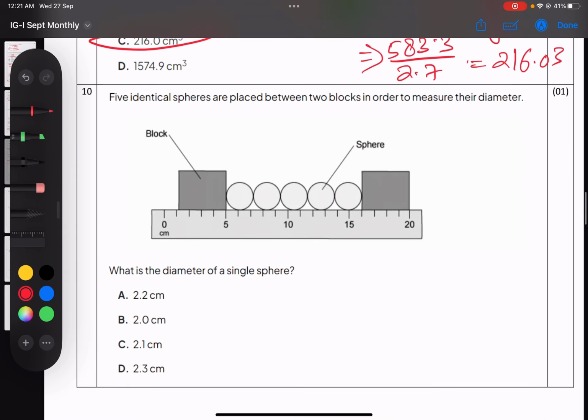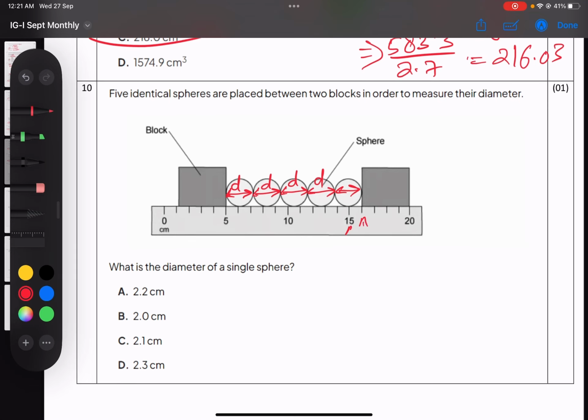Question 5. Five identical spheres are placed between two blocks in order to measure their diameter. What is the diameter of a single sphere? There are five spheres. From this point to this point is one diameter. This is another diameter, this is another, this is another, and this is another. So the distance from this point to this point is equal to 5 diameters.